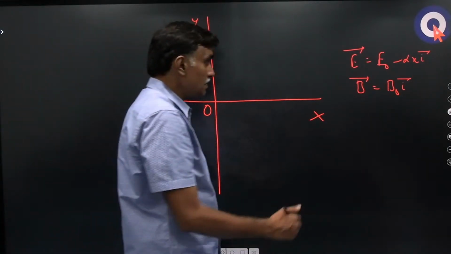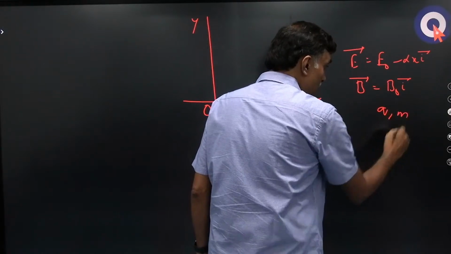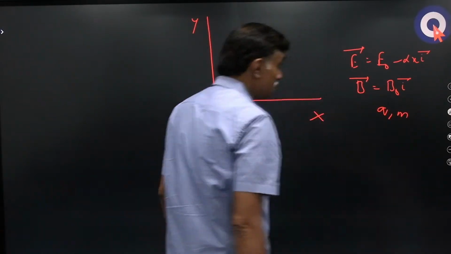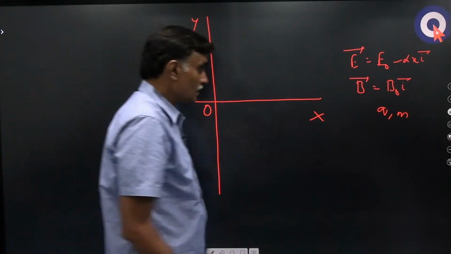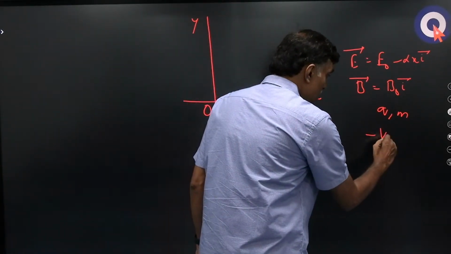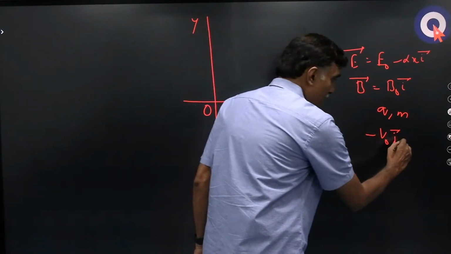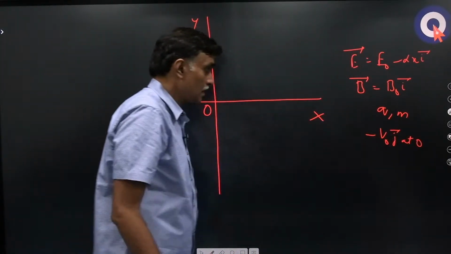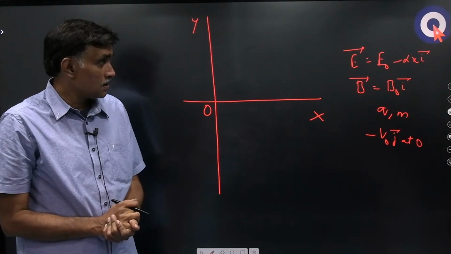There is a charged particle of charge q and mass m, and its initial velocity at the origin is minus v naught j bar. Then you can write down the question.